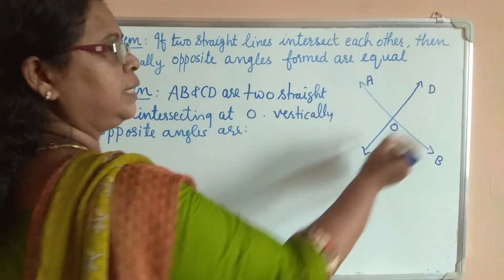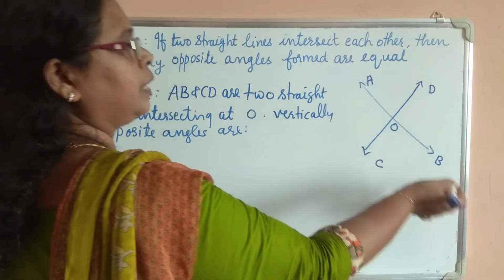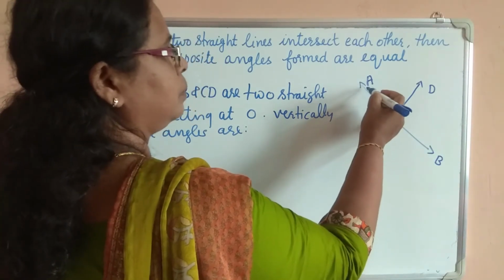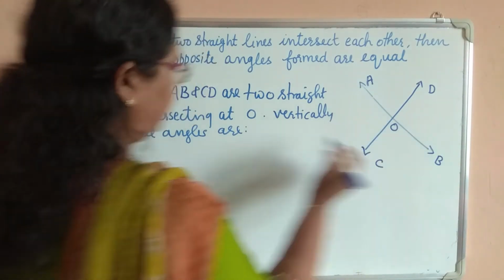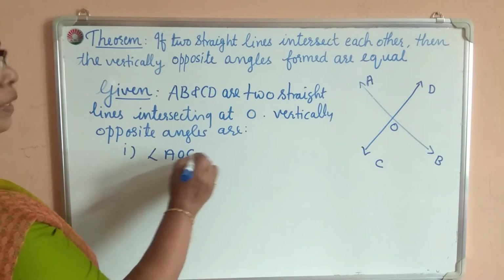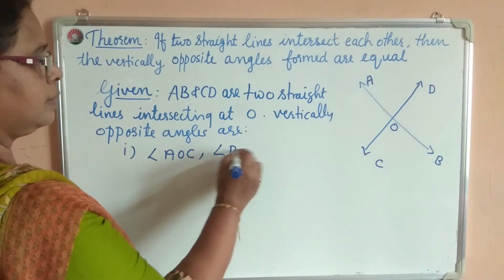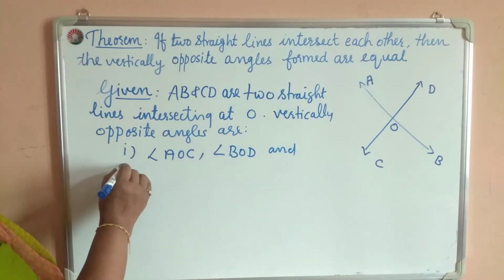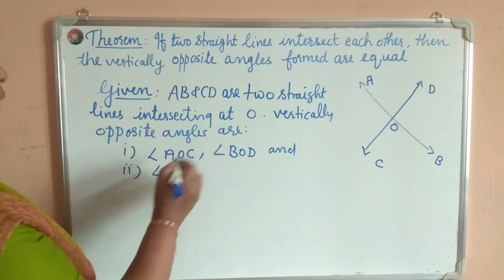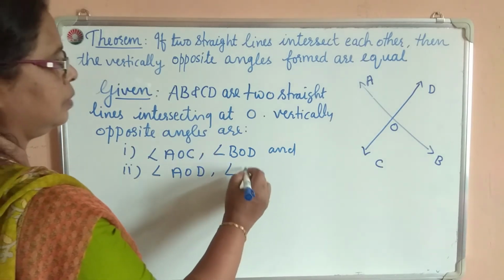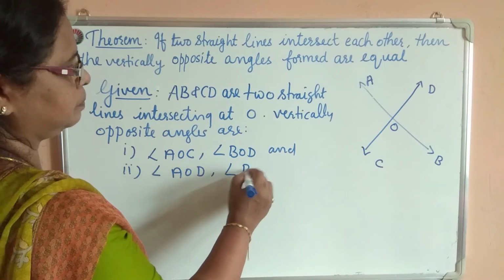First pair of vertically opposite angles: angle AOC and angle BOD, and second pair: angle AOD and angle BOC.